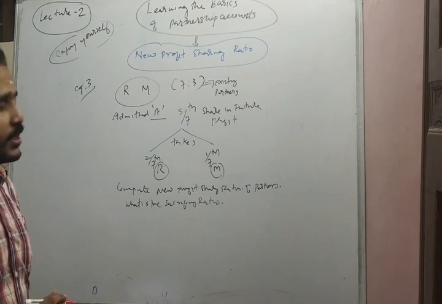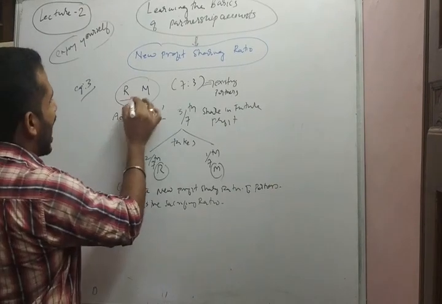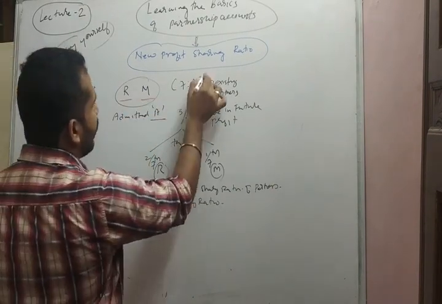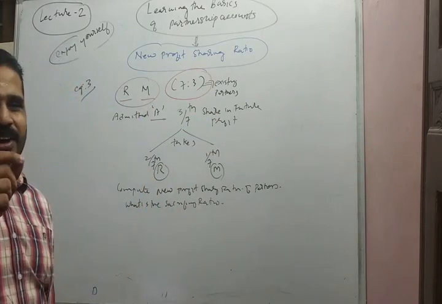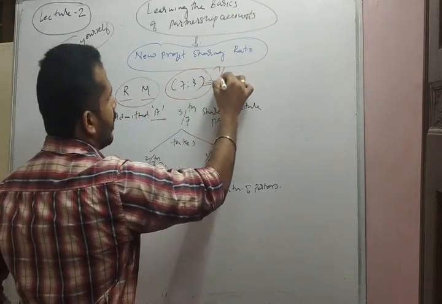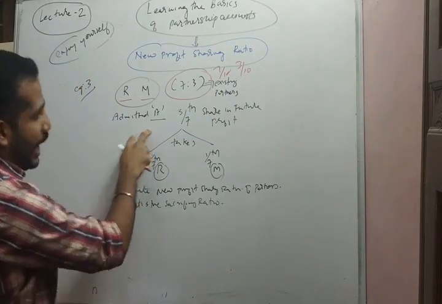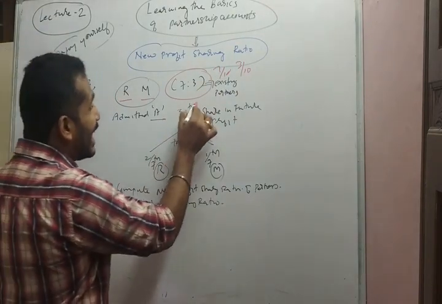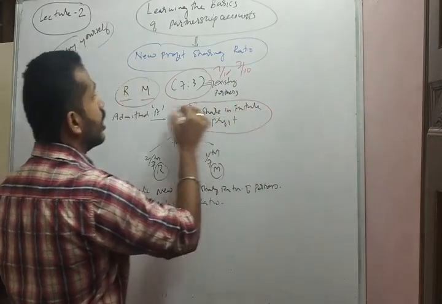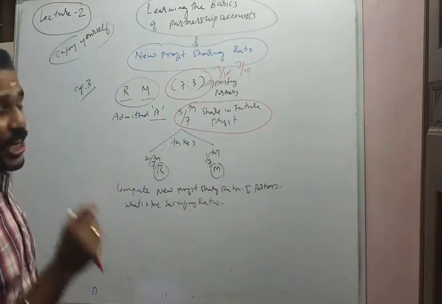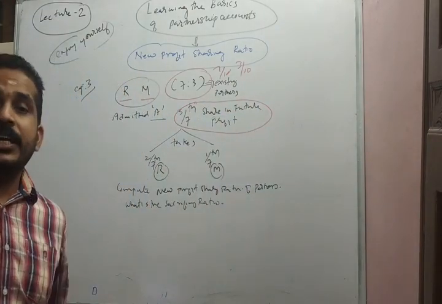There are two partners currently in the partnership business, R and M. They are sharing the profits and losses in the ratio of 7:3. That is 7/10, 3/10. Then they admitted Mr. A for 3/7 share in the future profit. So the share of the new partner is already given.